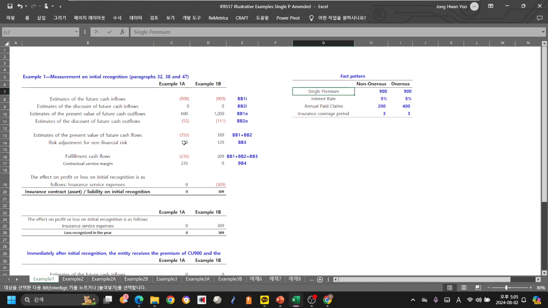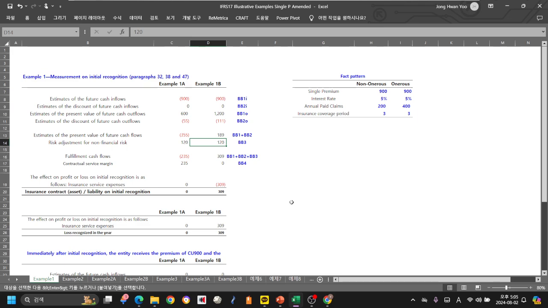And the RA figure for non-onerous and onerous is the same, 120. I mean, this 120 should have been bigger, but I made it as simple as possible just to show how it works.